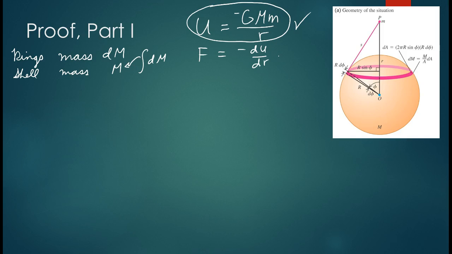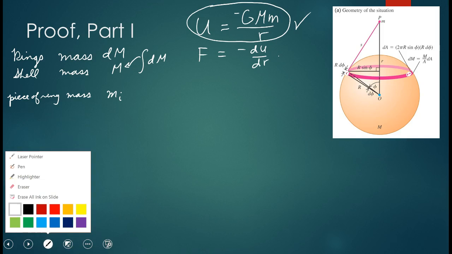Now the other thing that we have to do is break this ring up into small pieces. We're going to say that a chunk of the ring has a mass of m_i, a very small amount of mass. Let's say that this small amount of mass is right here. Well, that didn't show up too well, so let's get a better color.